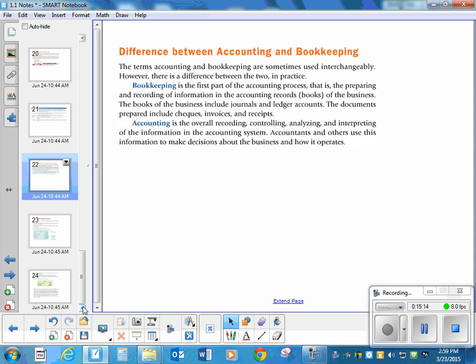If you are actually the accountant, not only are you recording, but you're controlling and analyzing and interpreting the information. So a bookkeeper wouldn't really provide financial advice to the company, but if you are the accountant, your job is to make sure that that company is running to the best of its abilities.